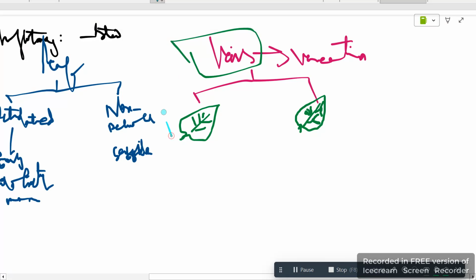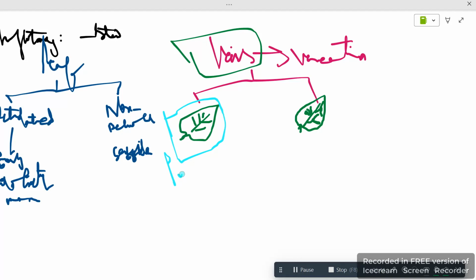One is the simple leaf like this, where there is only parallel venation. This is parallel venation. And here you see reticulate venation.